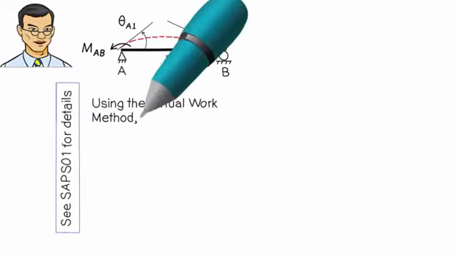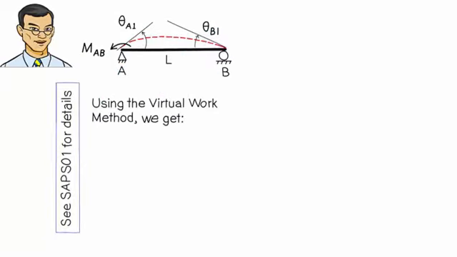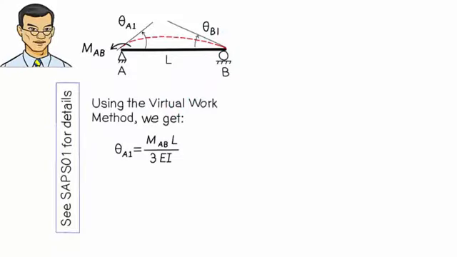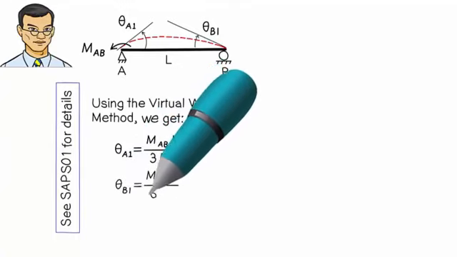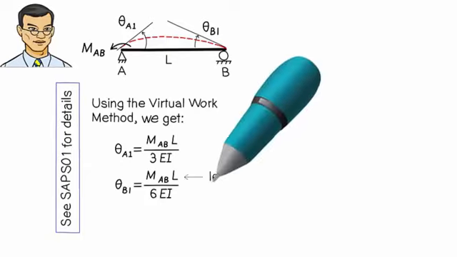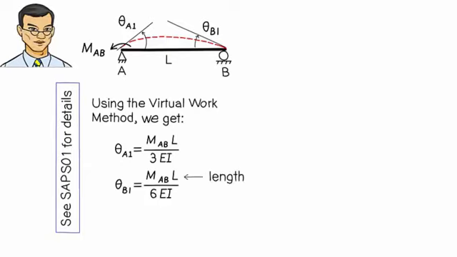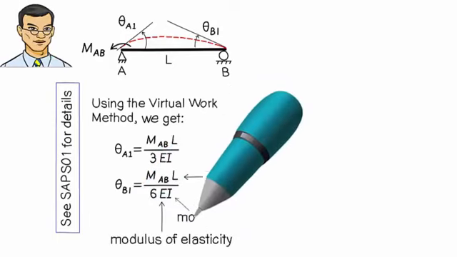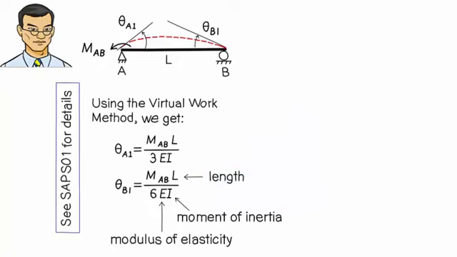Here I'm going to give the results only. Theta A1 equals MAB L over 3EI, and theta B1 equals MAB L over 6EI, where L is the beam's length, E is modulus of elasticity of the material, and I is the beam's moment of inertia about the axis of bending.